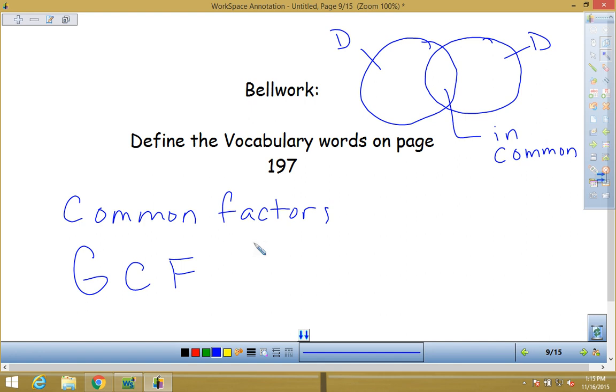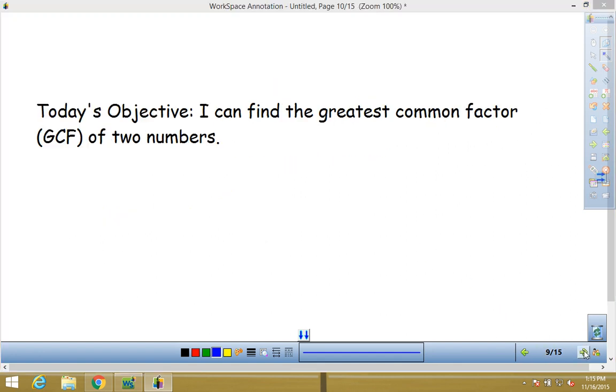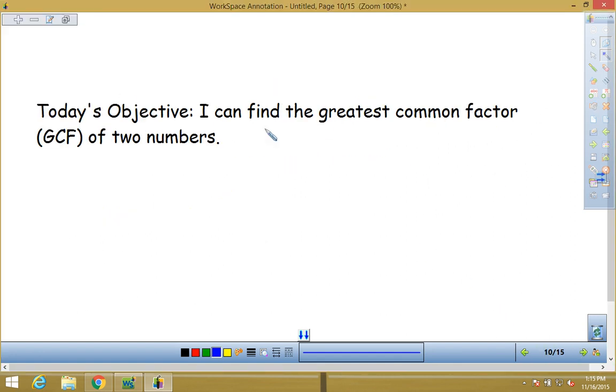And we're also going to look at listing them out, or as some of you might know, it is like a rainbow, but we're not going to make the rainbow when we connect one number to another. Okay? And you'll see what I'm talking about if you're not quite sure. Okay, so today's objective, I can find the greatest common factor, or the GCF, of 2 numbers. That's kind of the goal, but we're going to do some practice with up to 3 numbers, okay?